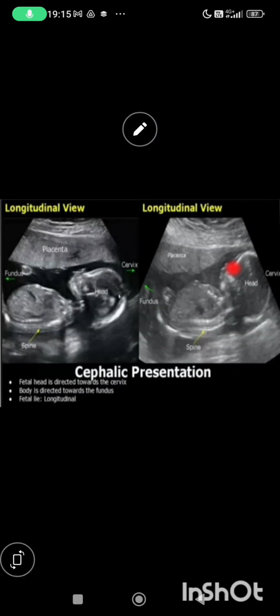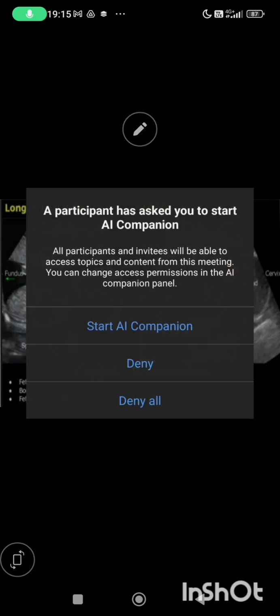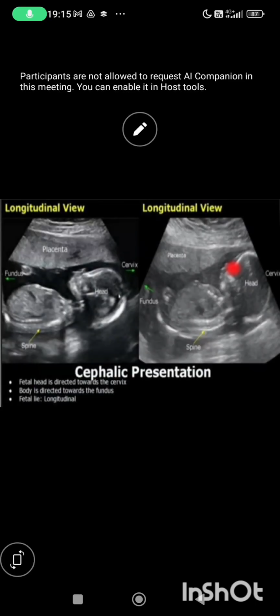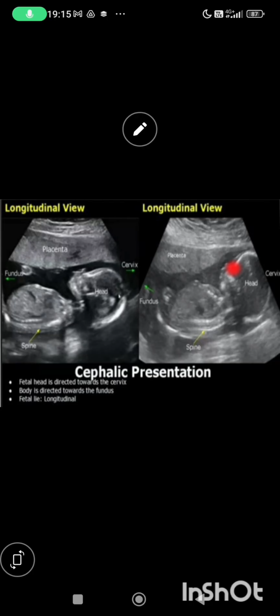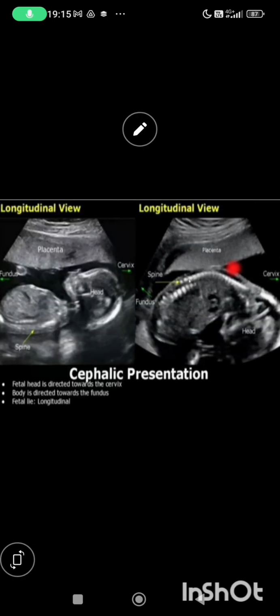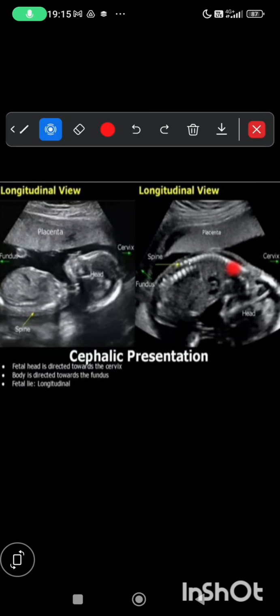Here again, the probe is in the sagittal orientation and the head is near the cervix, so it is cephalic presentation. Now here we can see the head toward the cervix, and the spine could be anterior or posterior. So here we can see cephalic, spine anterior. Here we can see cephalic, spine posterior fetus.